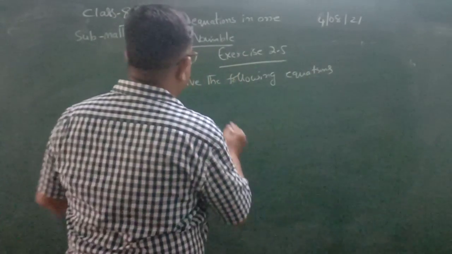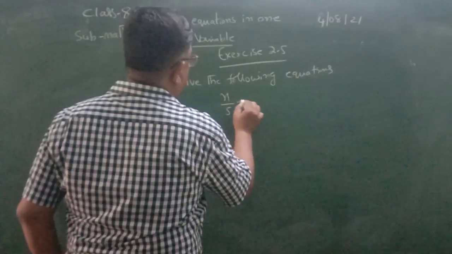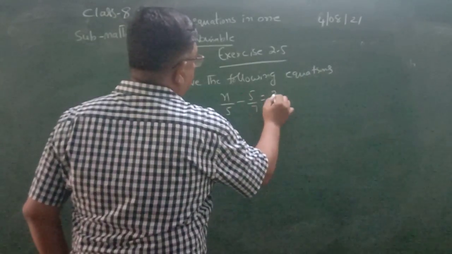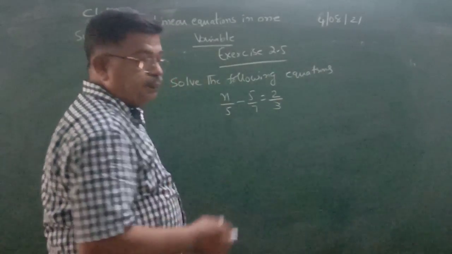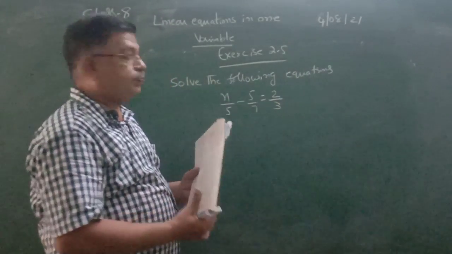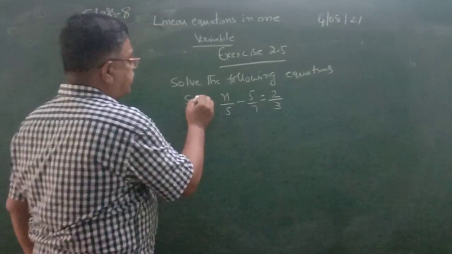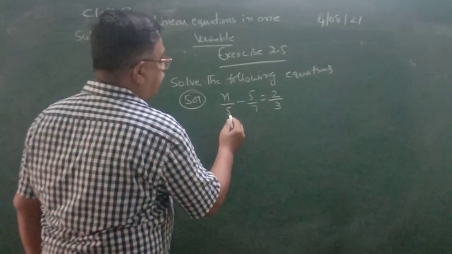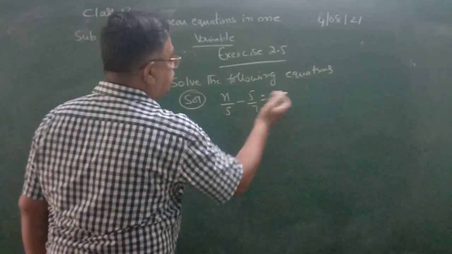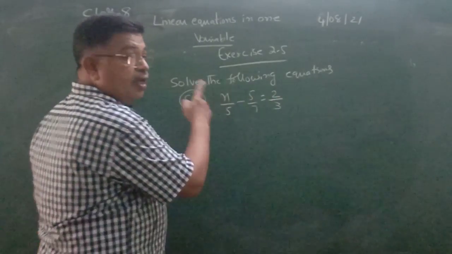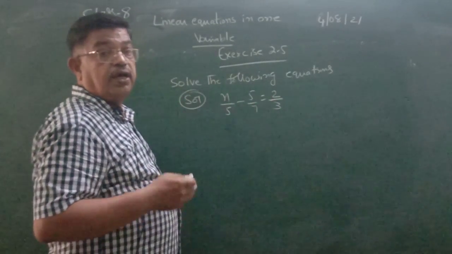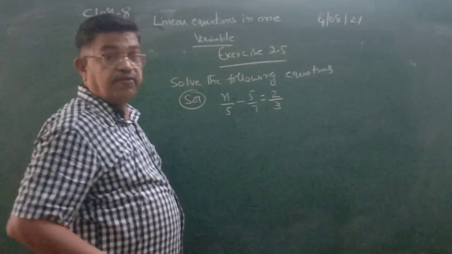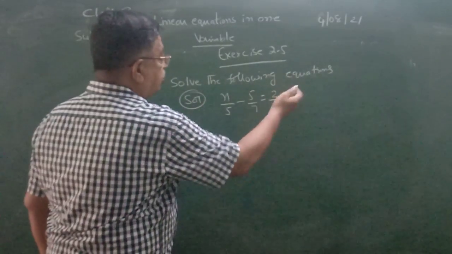First one, n by 5 minus 5 by 7 is equal to 2 by 3. So this we are going to solve. So we write the first step as it is. Now take this minus 5 by 7 to that side, because this is the number containing the variable n. This is not having any variable, so it is considered to be a constant. The other side is also having only constant. So take constants to one side.